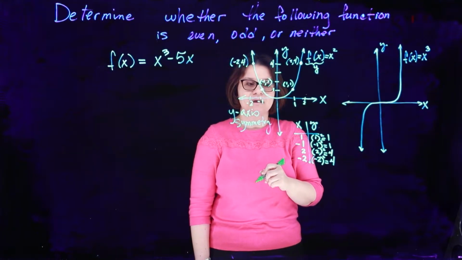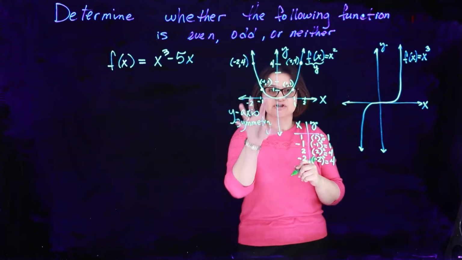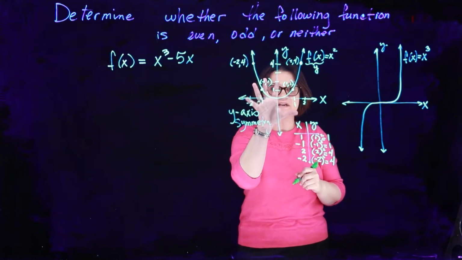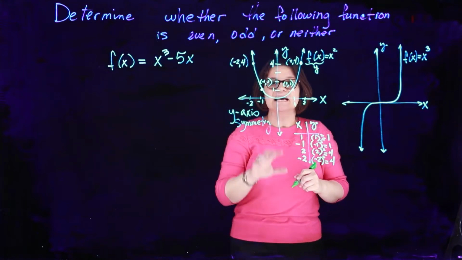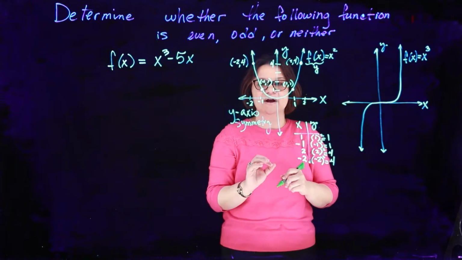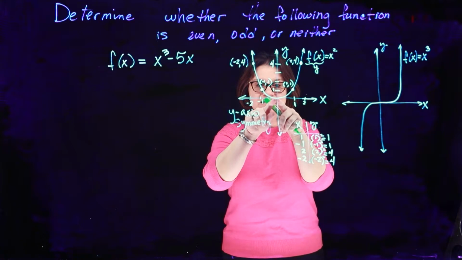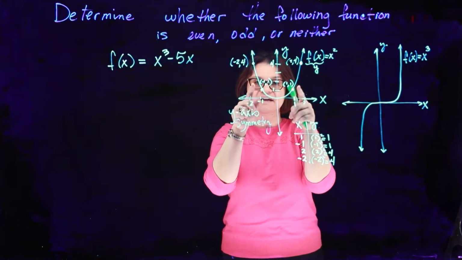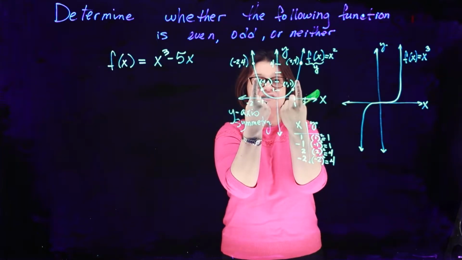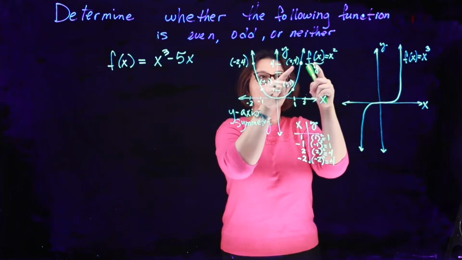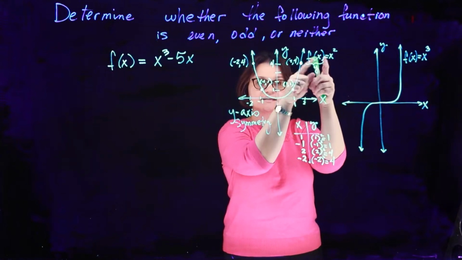Okay. Now, another case to consider directly coming from this particular function is how do we generally express this idea of taking the same amount of distance from 0 to the right and to the left and getting the same exact output. Remember, x is our input.